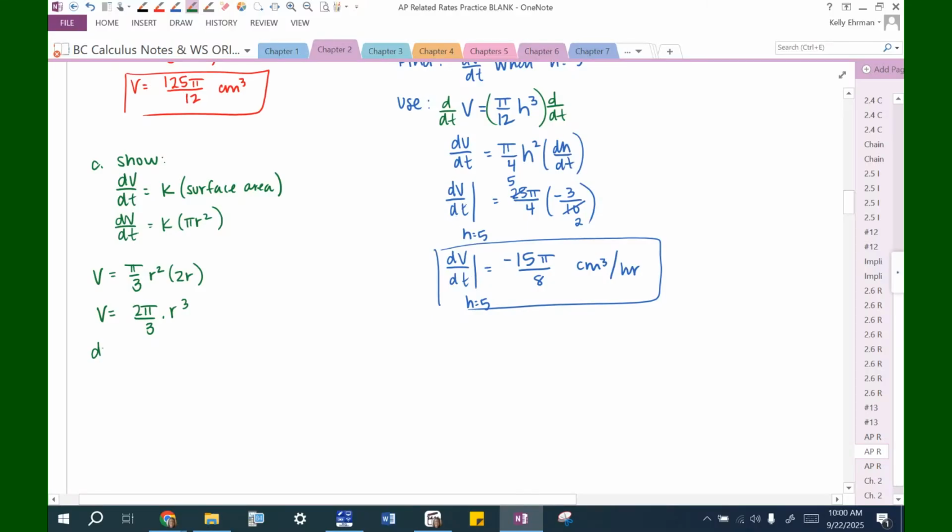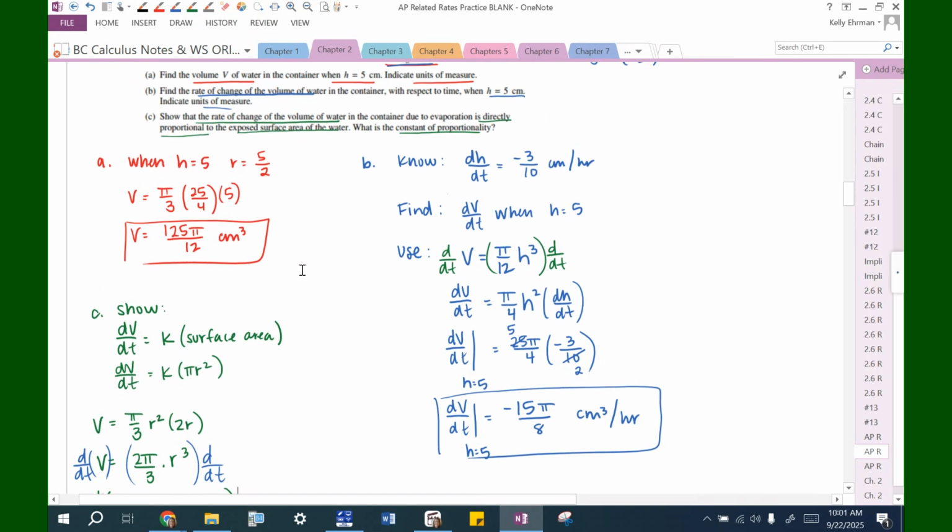Now I'm going to say dV/dt is equal to, because I'm taking the derivative with respect to t of both sides, 2 pi over 3 times 3, so 2 pi, r squared, times dr/dt.